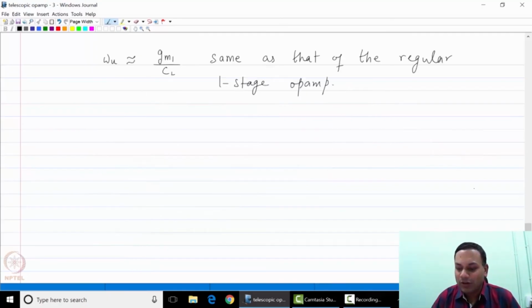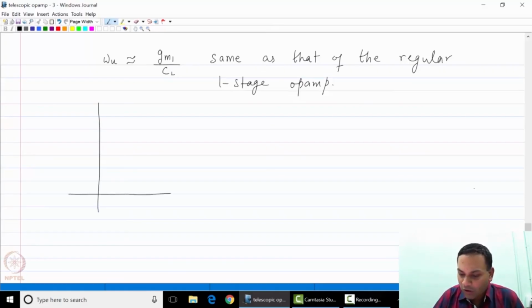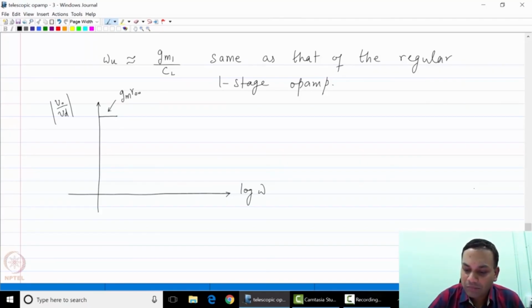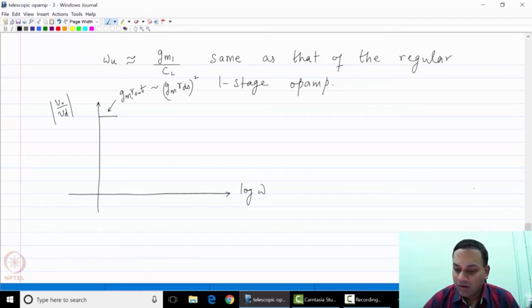Now, let us draw the magnitude response so that we get an idea of what this would look like for the telescopic op-amp. At low frequencies, the telescopic op-amp has a gain GM R out that is of the order of GM RDS squared.